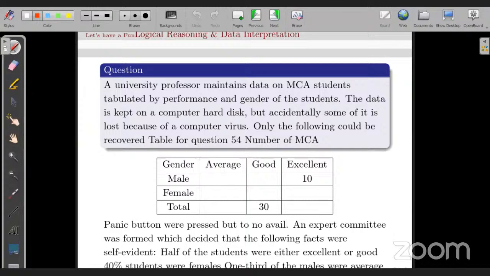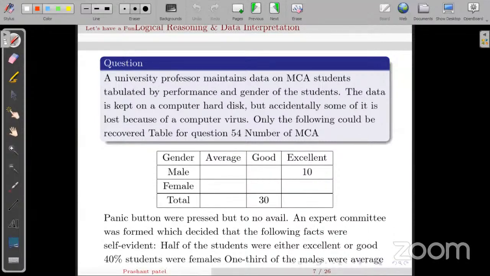So this is a question of data interpretation. You can understand what the question is giving.